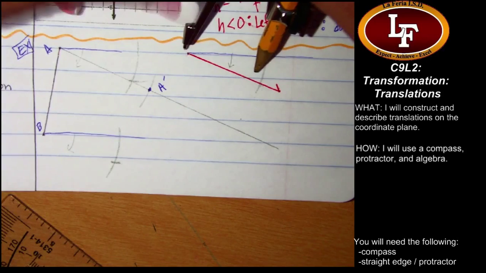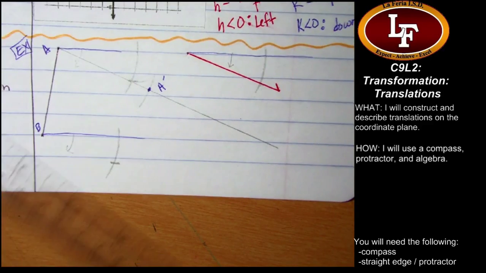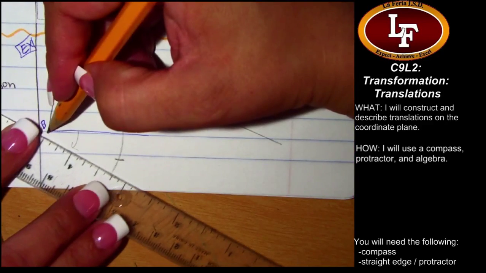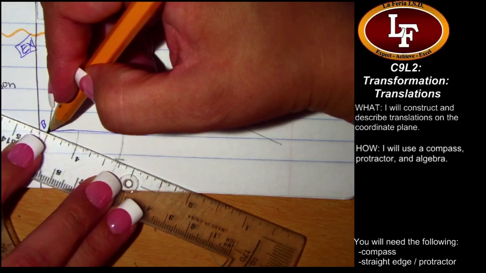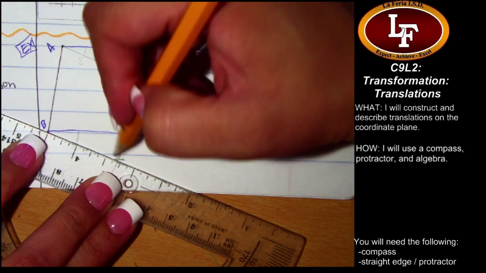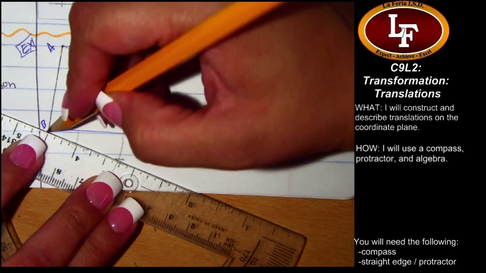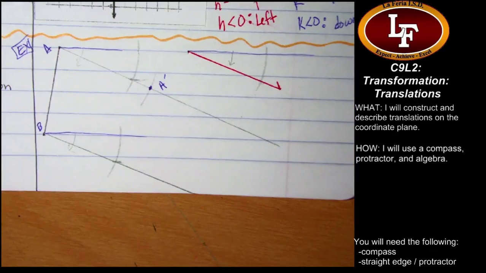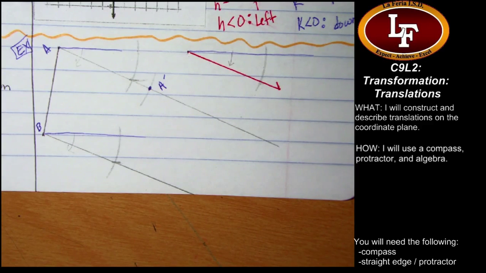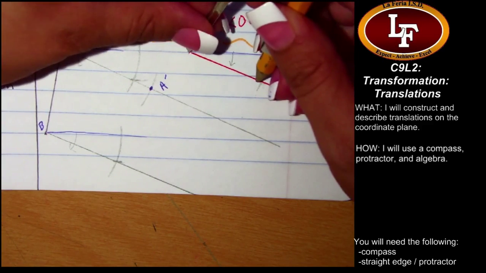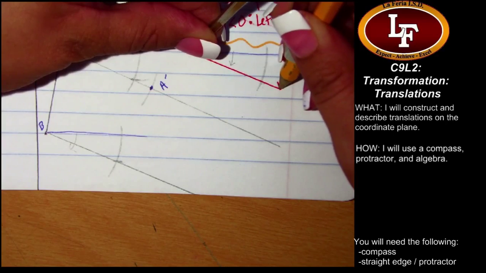Okay? Yeah? All right. Going to give my vector its direction. So from B, going through this intersection point I just created, my vector is going somewhere in that direction. I need to figure out how long. So I'm going to grab the length of my vector.